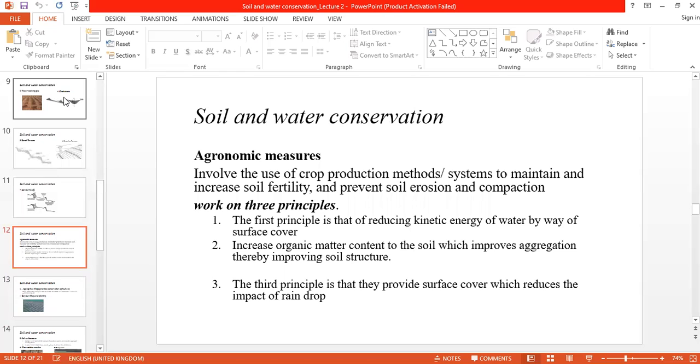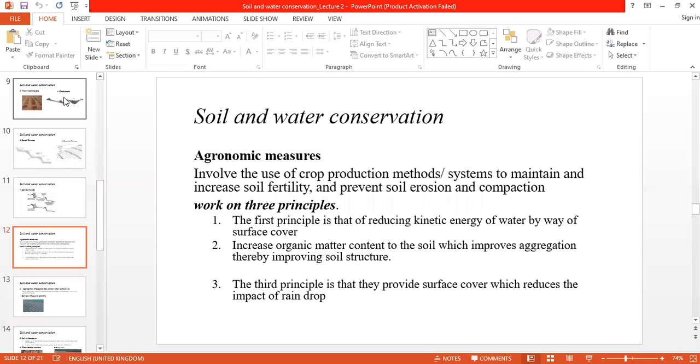A measure that is applied can reduce soil degradation in three ways. Firstly, they reduce the kinetic energy of the water as it passes over the surface, and in reducing that kinetic energy, they also reduce the rate at which it can disintegrate and carry the soil away.